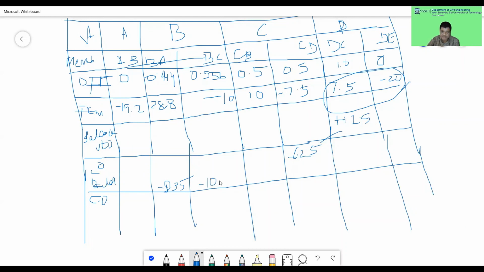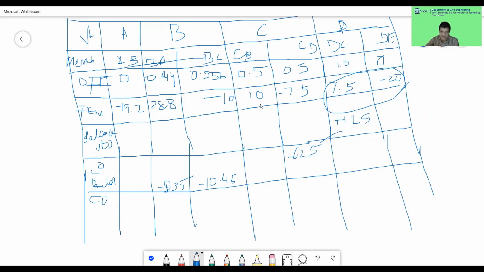Are you able to understand? What is the moment here? 28.8 minus 10, so it becomes 18.8, which is positive. So you have to apply minus 18.8, then multiply by 0.44 to get this value, and multiply by 0.556 to get this value.